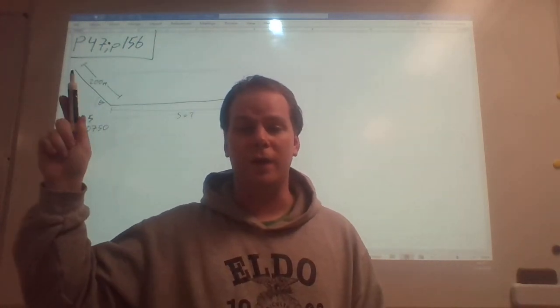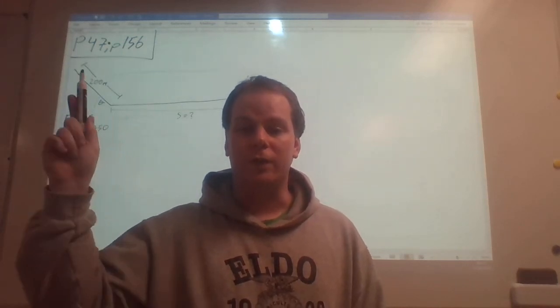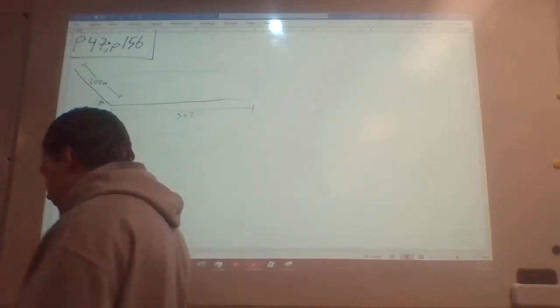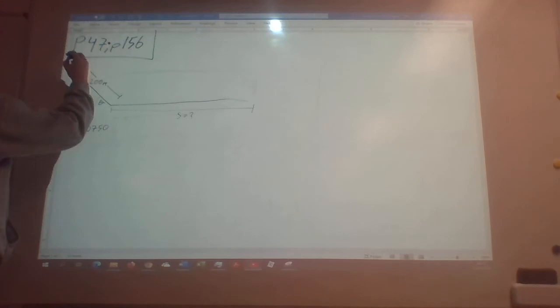Conservation of energy says that the energy at the top of the hill has to be equal to the energy at the bottom of the hill. So at the top of the hill, we have gravitational potential energy. And I am going to change colors for this. So up here we have PEG.